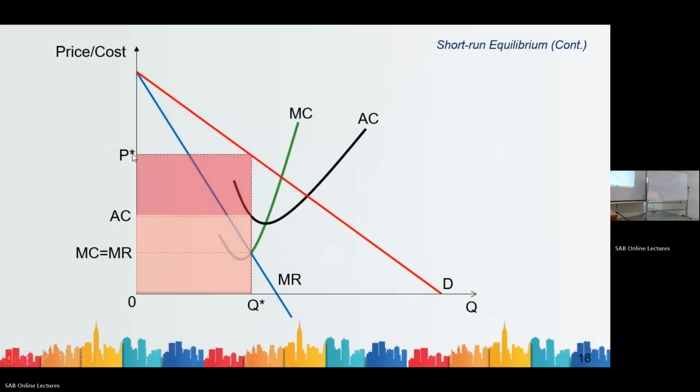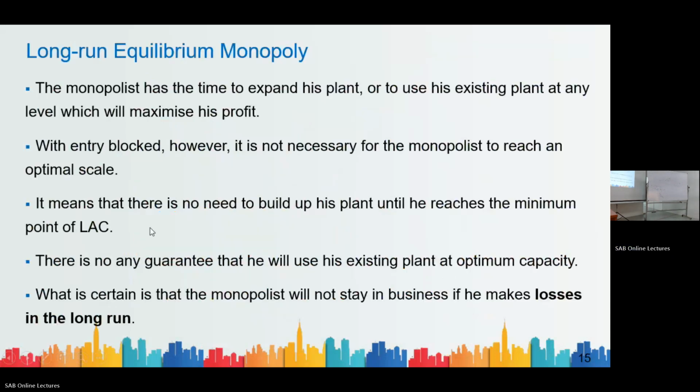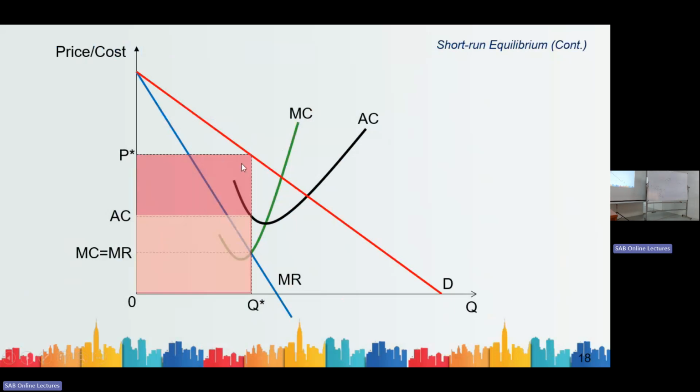So this light pink area is the total cost, AC into Q star. We know the total revenue is this whole area, and total cost is this area. And what is the difference? The difference is the profit.